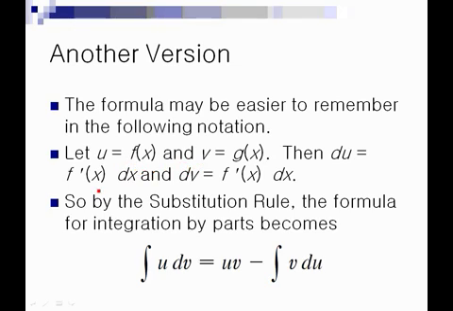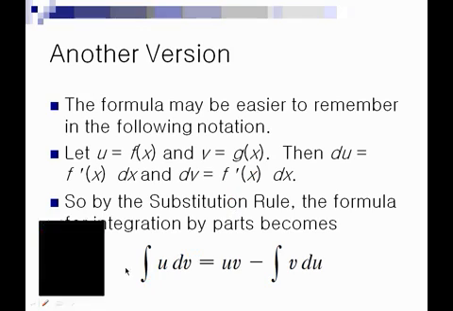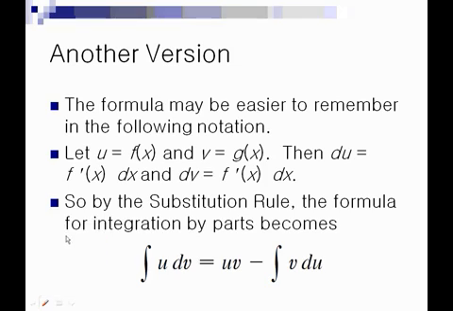Then du is f prime dx, and dv is, of course, going to be g prime of x dx. That way you can write it as the integral of u dv equals uv minus the integral of v du. Okay?